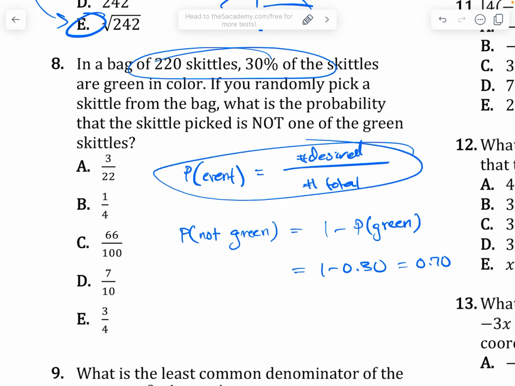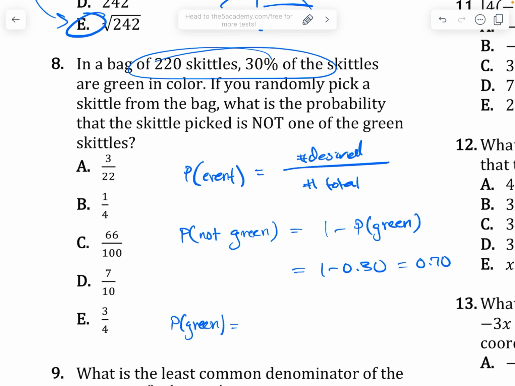This formula would be what you could use if you really wanted to calculate it out. So you could say probability of green, you could say is 220 times 0.3, which is equal to, I'm going to do it on my calculator, 66. Okay, so probability of not green is equal to 220 times 0.7. 0.7 times 220 on my calculator is 154.